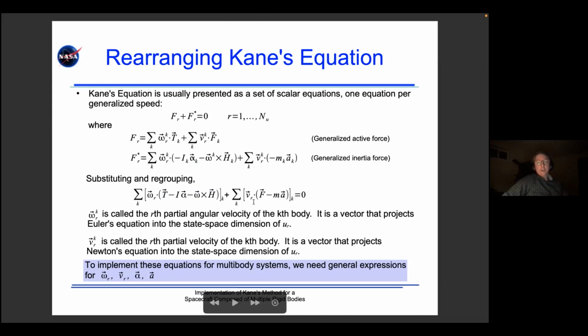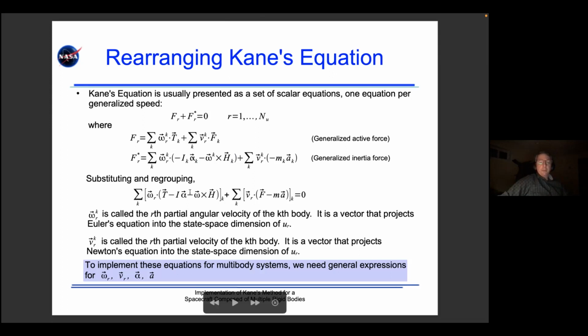One way to say it is that they project these equations of motion into the motion subspace, the space that the things can actually move in. So that's a profound thing. It's a marvelous thing, and it's actually easier than it might sound to work with these things. I'm going to talk about that on the next slide.